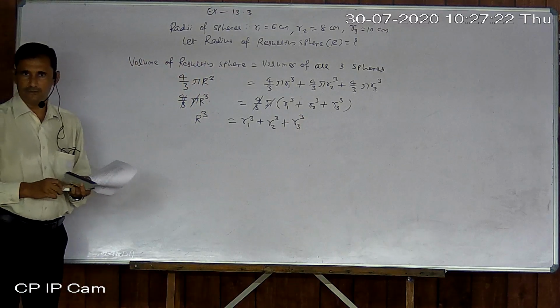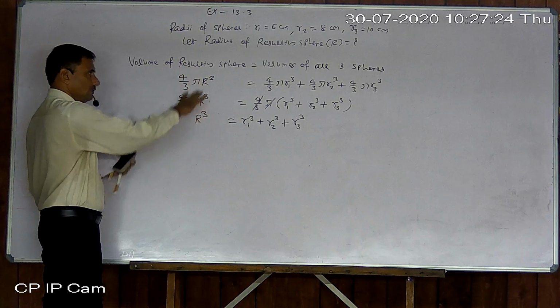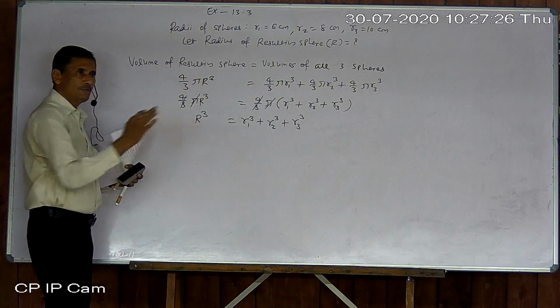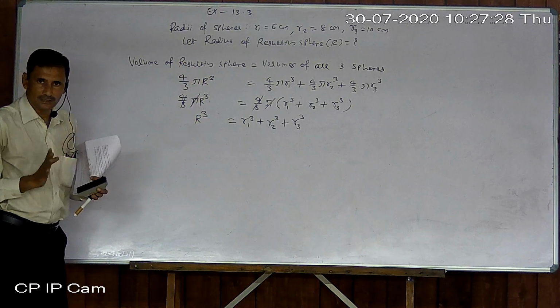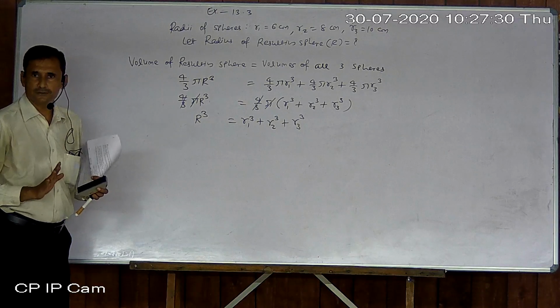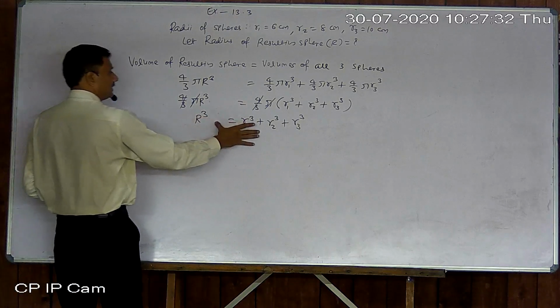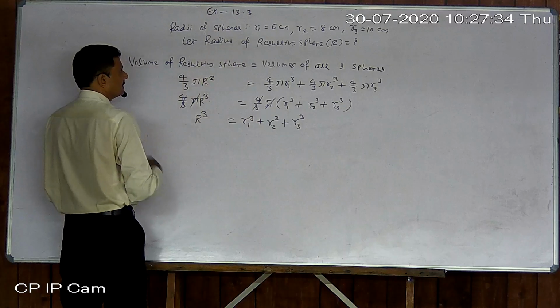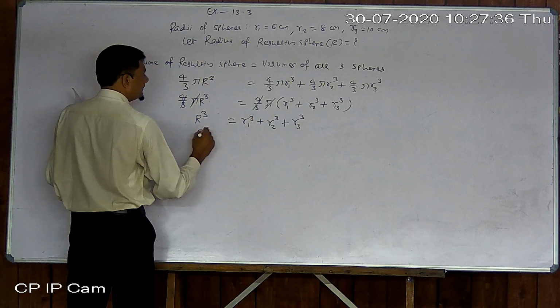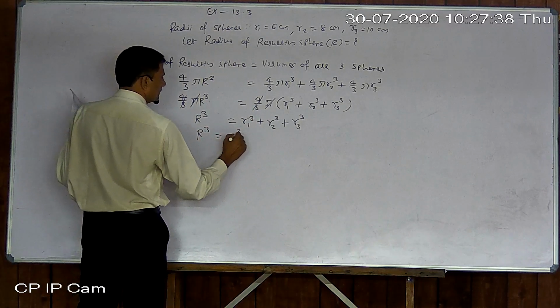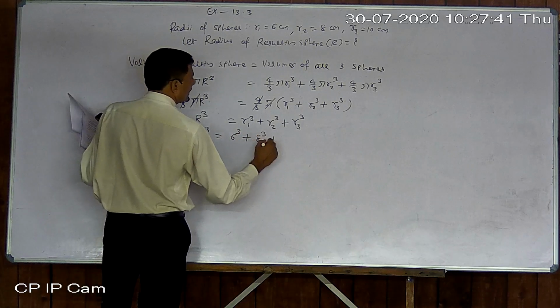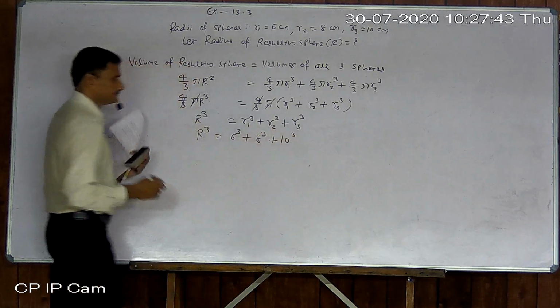Now place values. After simplification of the step, place values. Not at the initial step only, place all values. Now it is already in simplified form. So r cube is not given. This is 6 cube, 8 cube and 10 cube.